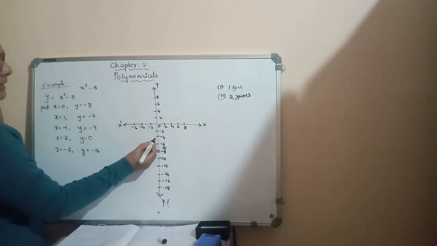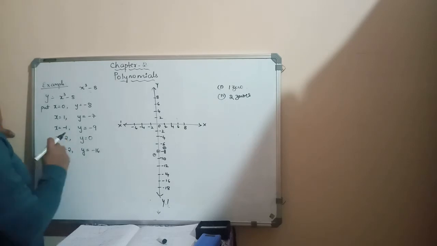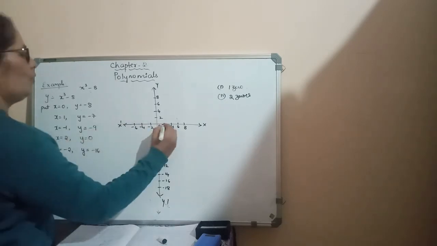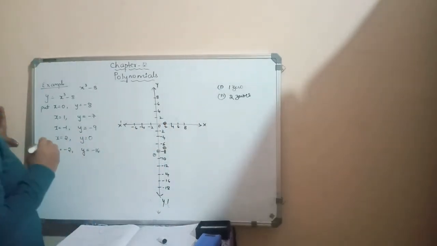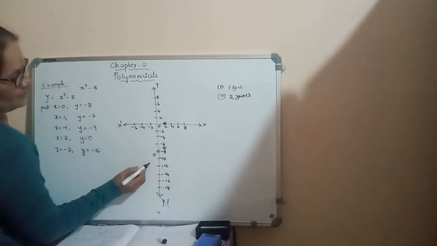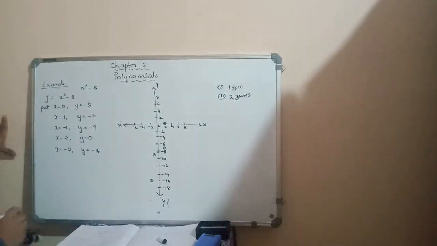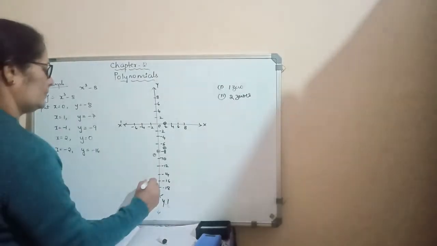So, y is minus 9. Minus 9 is between minus 8 and minus 10. Then, when x is 2, y is 0. Then, when x is minus 2, y is minus 16 here. Now, join these points.